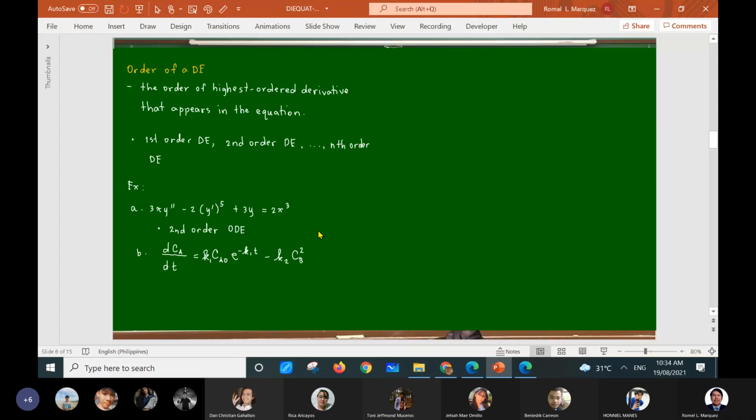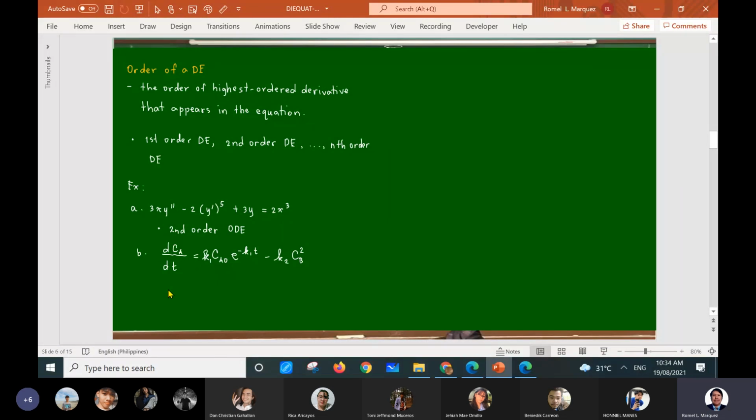Okay, guys? So C sub B here is constant. C sub A0 is also constant. And our derivative is taken with respect to t, derivative of C sub A. Our dependent is C sub A.